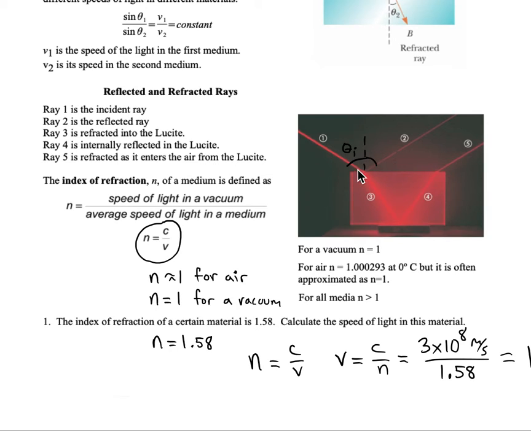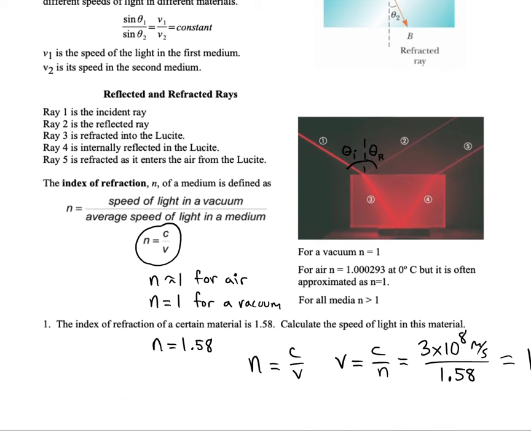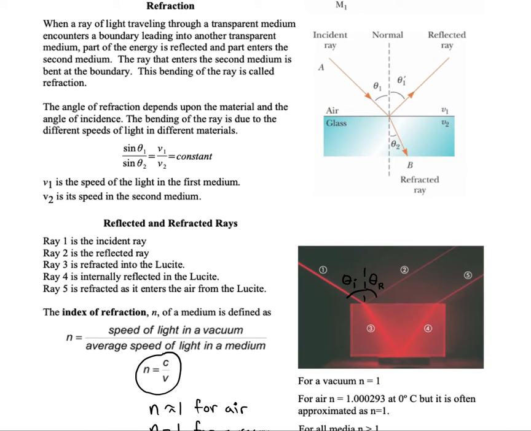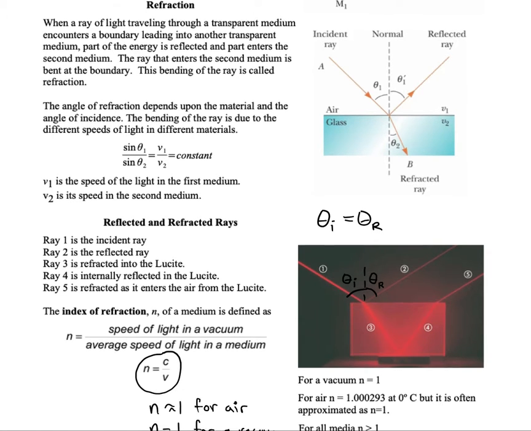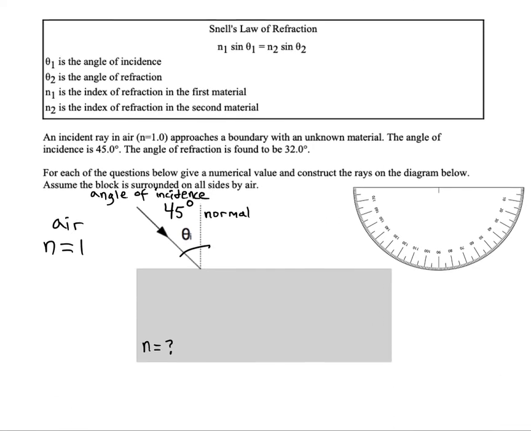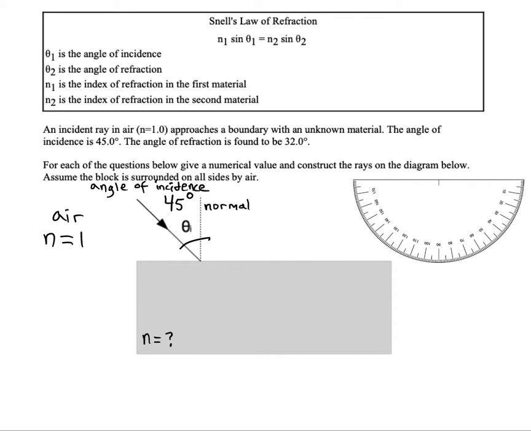And so part of the laser is going to be reflected, and that's theta r, the angle of reflection. Now we find that for reflection, the angle of incidence equals the angle of reflection. And so that's what we want to draw in our example here.